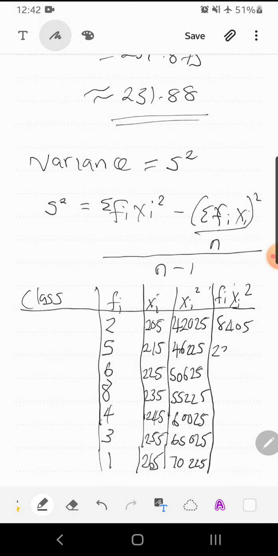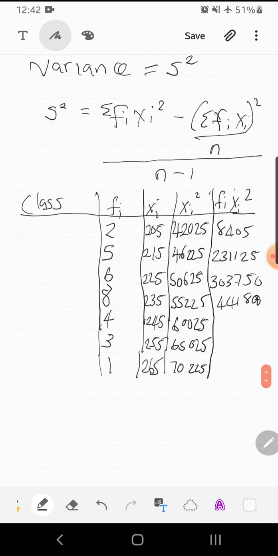Then we have 138675, 303750, 441800, then 240100, 195075, and 70225.